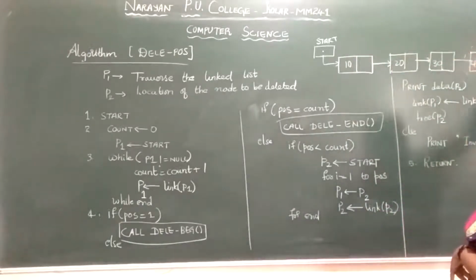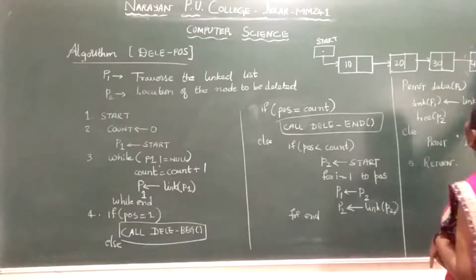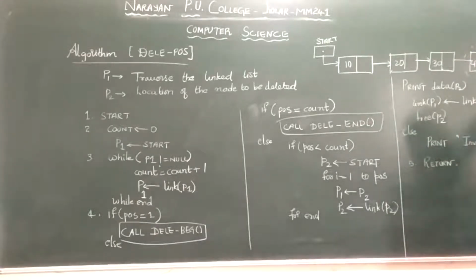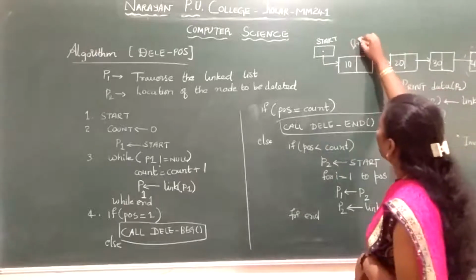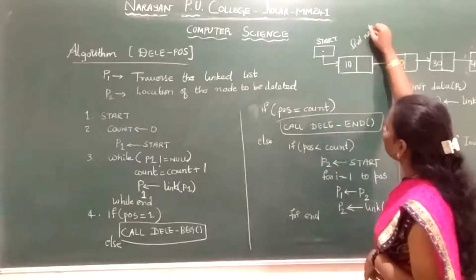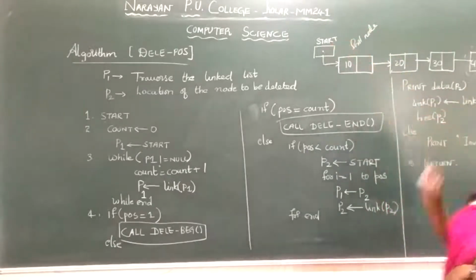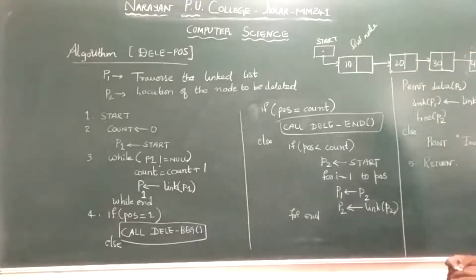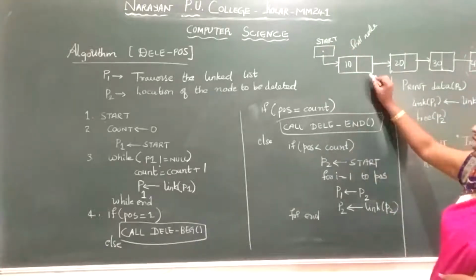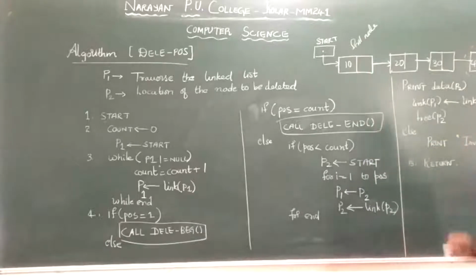This is my last node, because its link field is null. This is my first node, because my start is connected to it. So start always has the first node's address.